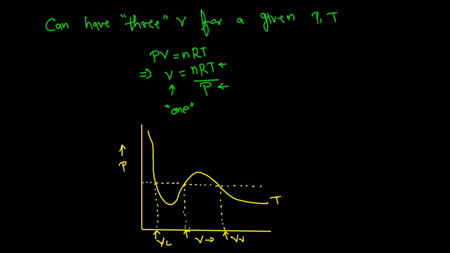I had said that you can either have these two volumes, or as you increase the temperature you will come across a situation in which all these three volumes become equal, and later on you get only one volume. But the intermediate volume is non-existent. What is the reason?